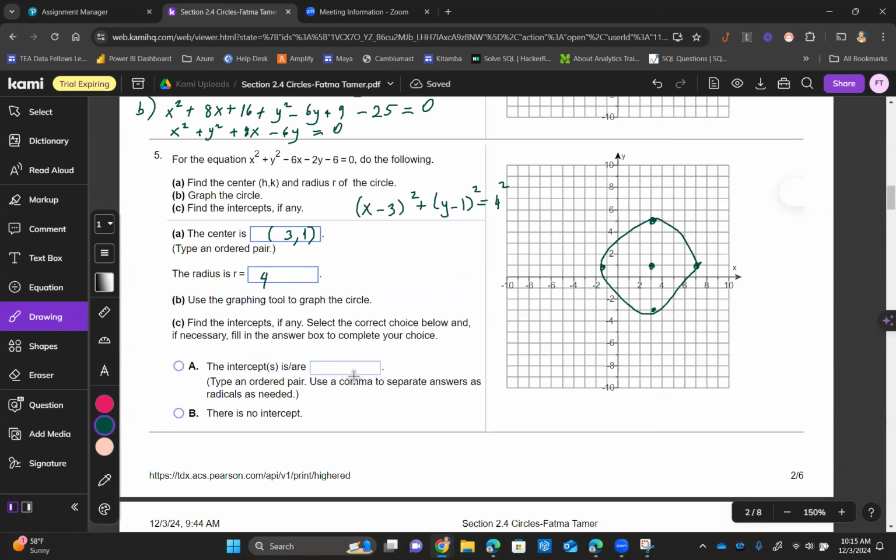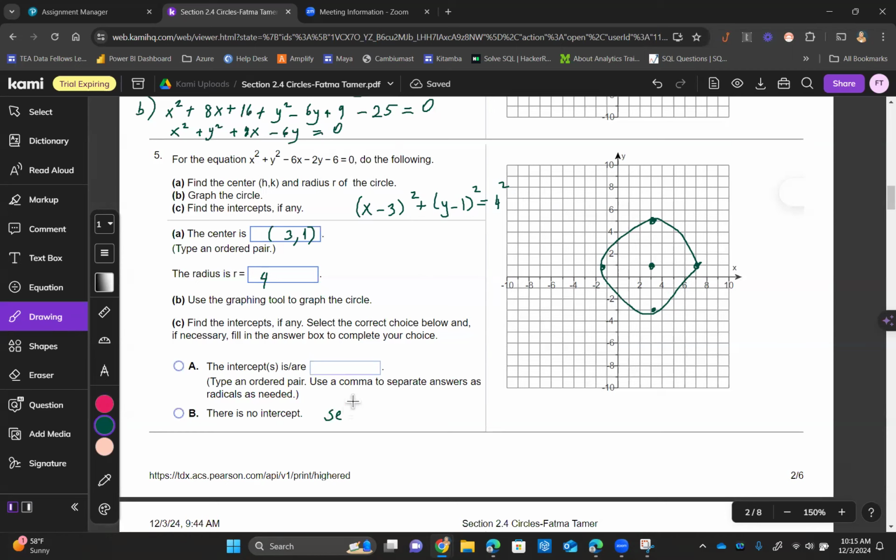Now they want the intercepts here. I see that this circle crosses the x-axis 2 times, and it also crosses the y-axis 2 times. But instead of guessing these points from the graph, I would like to show the work as we learned in the first lesson, the 2.2 intercepts lesson.